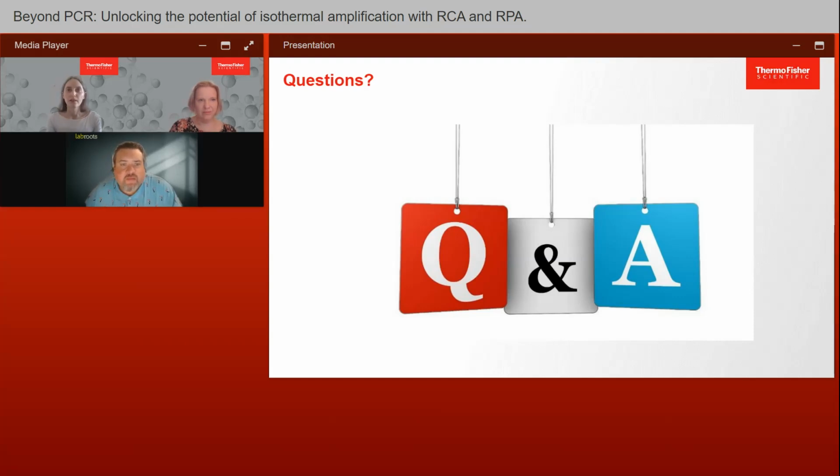So for isothermal amplification, I mentioned several methods. So it's RCA, MDA, and MPRC, and they all use similar ranges of temperature. So if you're using Phi29 DNA polymerase, the best temperature is 30 degrees, but it can range between 25 to 37 degrees.